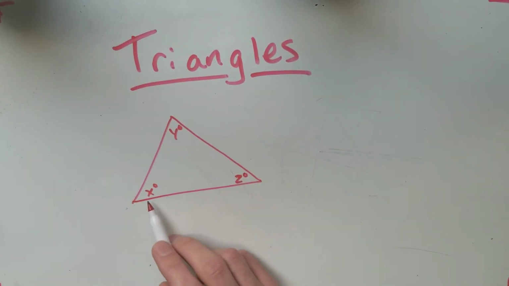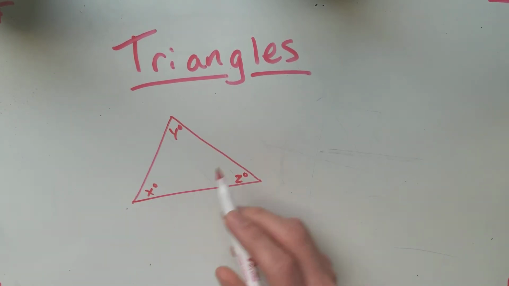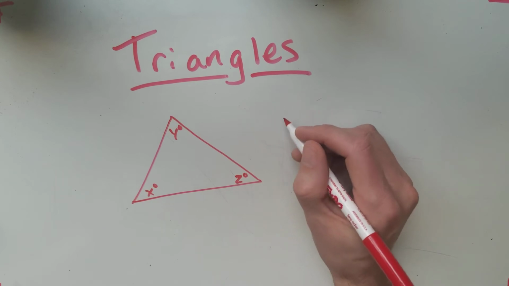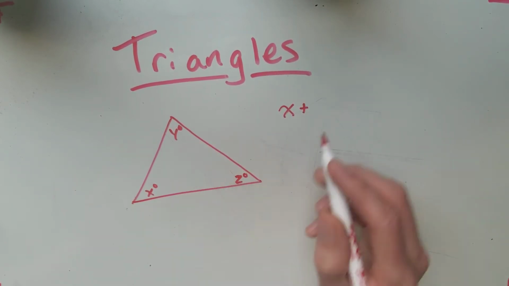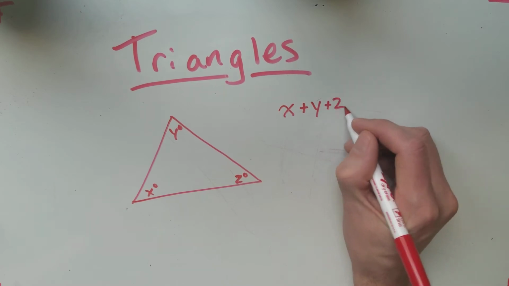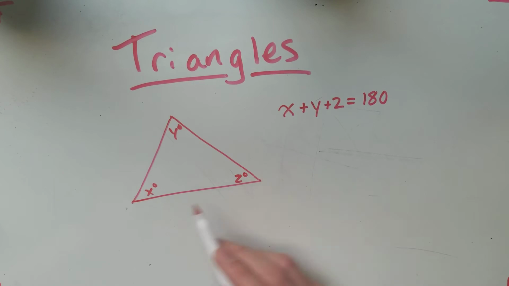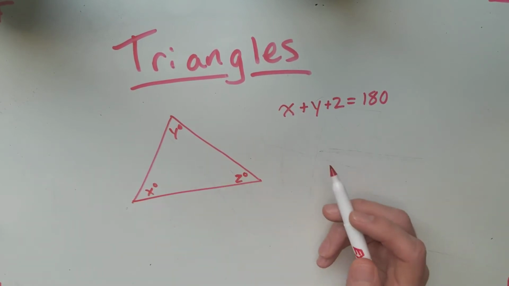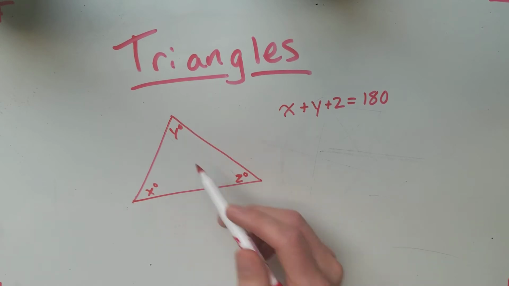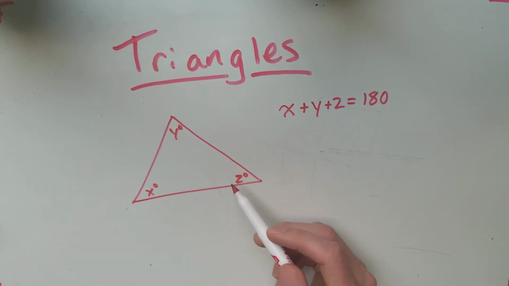But right now we're just going to say that the angle X can be anything less than 180 degrees, but the measure of X plus the measure of Z plus the measure of Y, so X plus Y plus Z, equals 180. The reason we have three different variables is because the angles don't have to measure the same. These could be three completely different measurements, but they have to add up to be 180 degrees between the three of them.